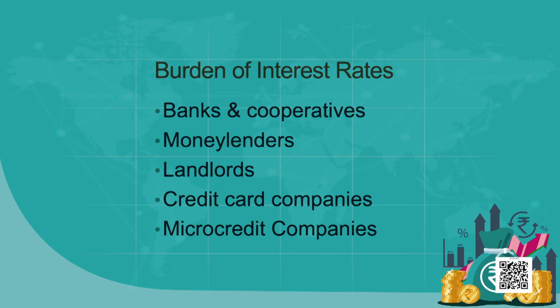They may be broadly categorized into five: banks and cooperatives, money lenders, landlords, credit card companies, and then microcredit companies. You will learn more about them in higher classes. Let us look at how people meet their credits.